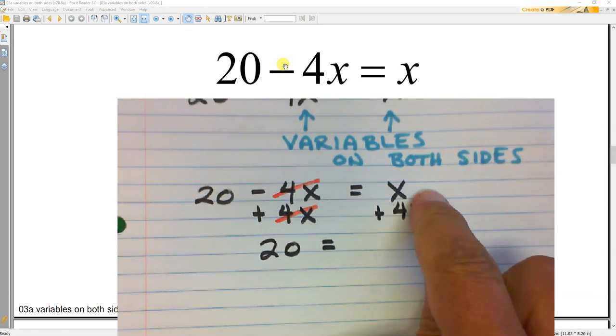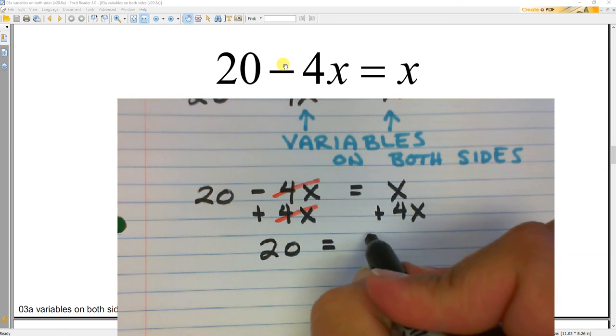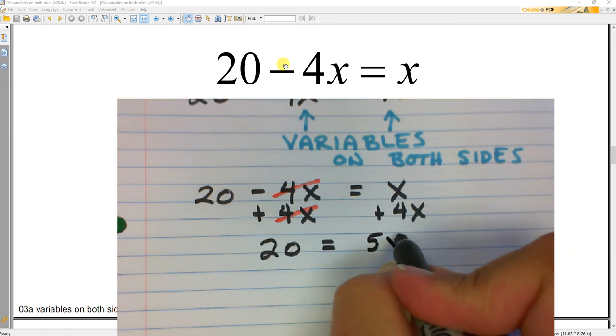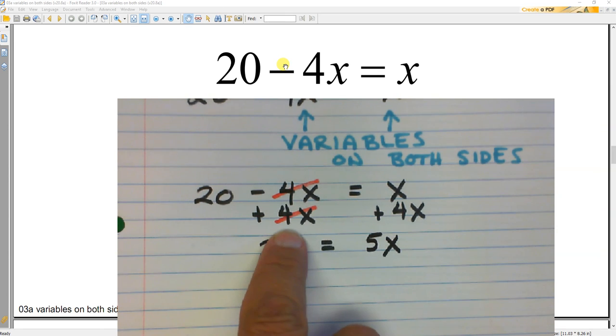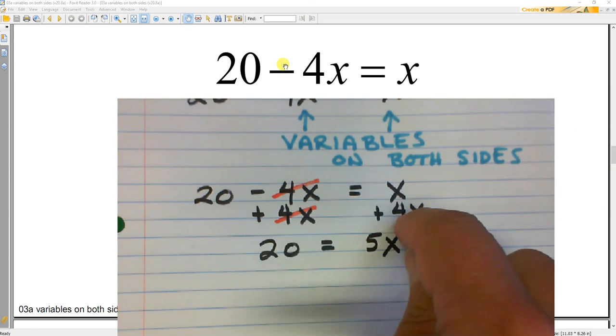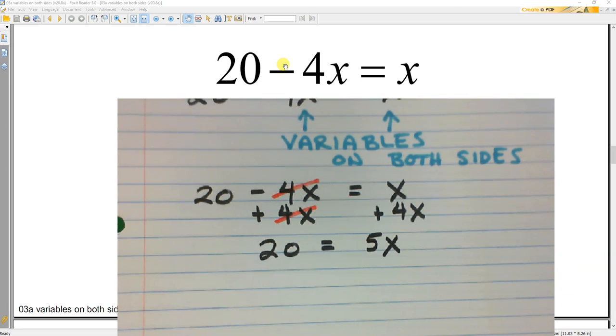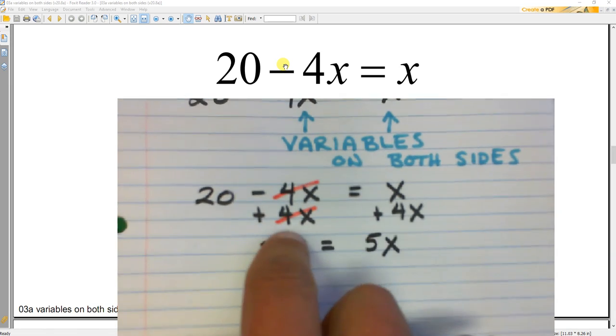I have 1x plus 4x equals 5x. That's today's lesson right there. Today's lesson just occurred. The idea that I can take an x or 4x's from one side and get them onto the other side, or make a negative 4x disappear.